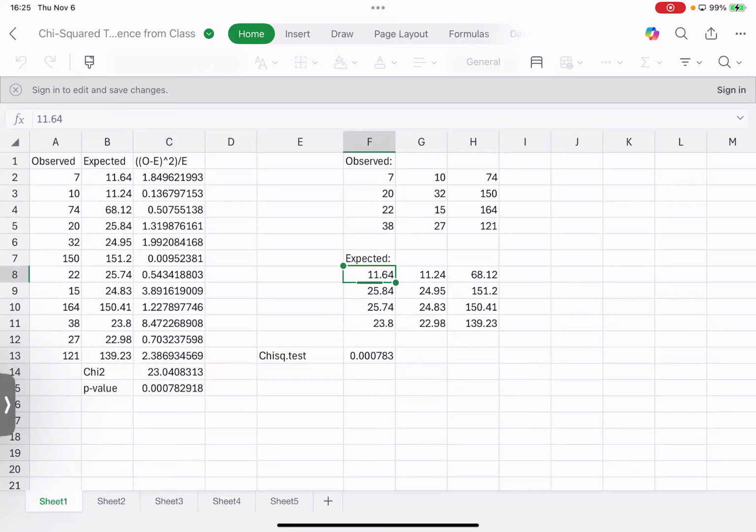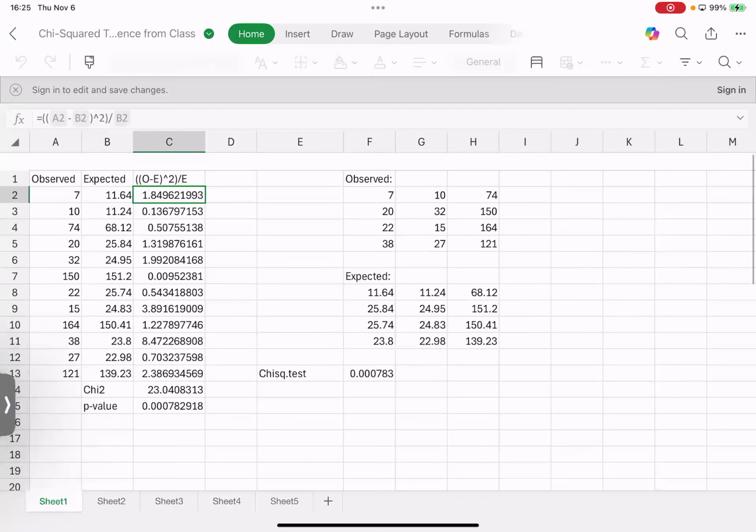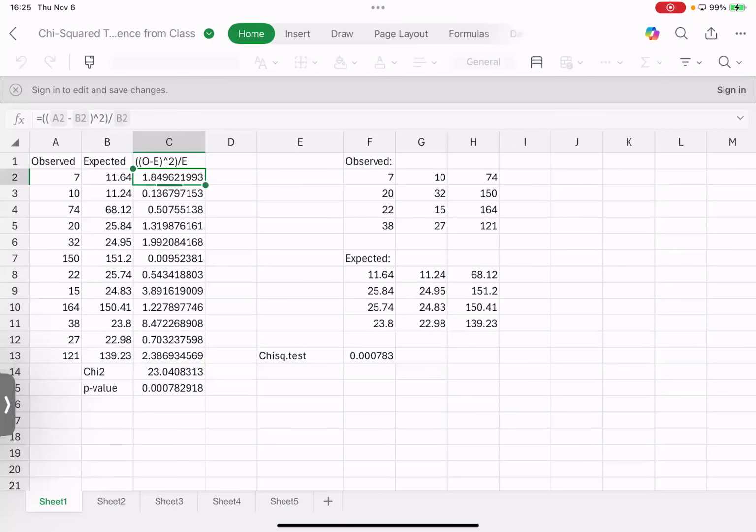So I didn't do anything fancy and try to reference the cells or anything. But so these are just hard-coded, whereas these are calculated. Let's see if I can, doesn't seem like I can zoom in, sorry. So if you can't see that bar, you'll have to play around on your own. But the chi-squared is just the sum of all those squared deviations.